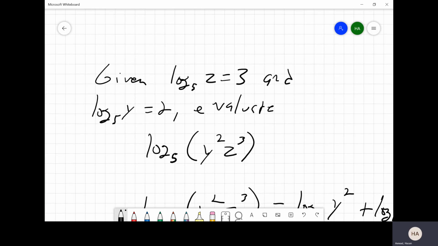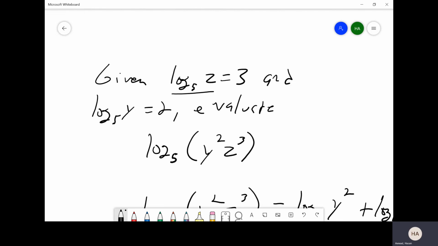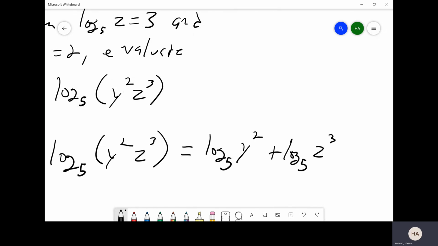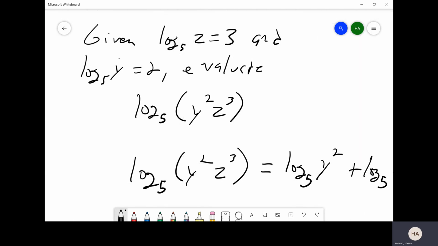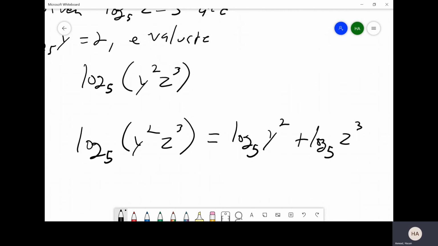Okay, we're almost done, right? We have log base 5 of z and log base 5 of y, but over here we have log base 5 of y squared. Notice that the square is still being attached to your value, so you don't actually have y to the first power, you have y to the second power, right? So we're not done here. We can't directly do our substitutions yet.